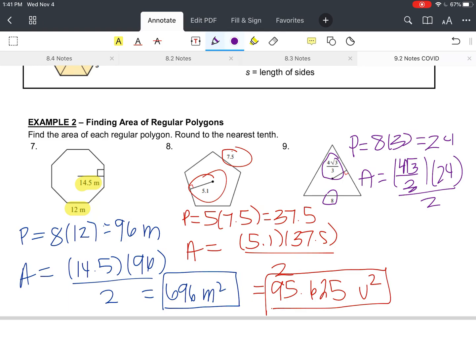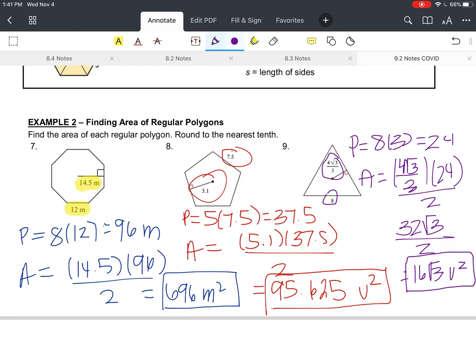I'm not going to put the root 3 in my calculator because I don't want a decimal answer, but 4 divided by 3 times 24 is 32. So I can write 32 root 3 over 2, and 32 divided by 2 is 16. So 16 root 3, and again, they didn't give me units, so units squared would be the area of that regular polygon.